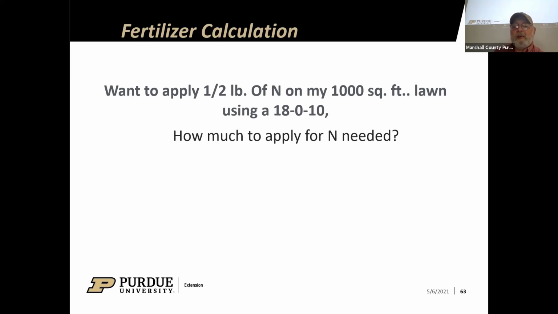So we need to take that 0.18, divide it into 0.5 to determine that we need roughly 3.3 pounds of fertilizer to give a 1/2 pound of nitrogen per 1,000 square feet. So you have to divide that percent into the amount that you want to determine how many pounds of fertilizer you need. If that's not confusing, I'll try it again.